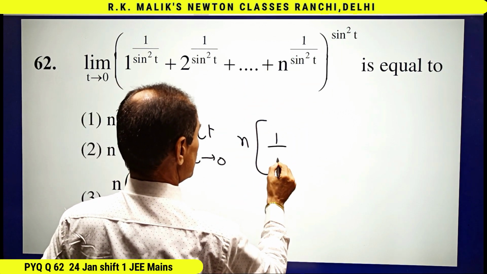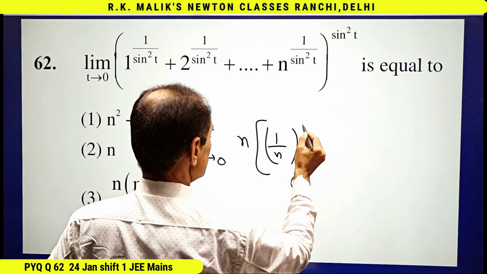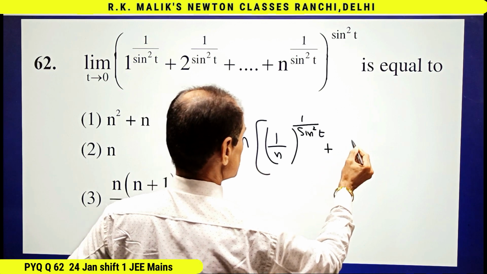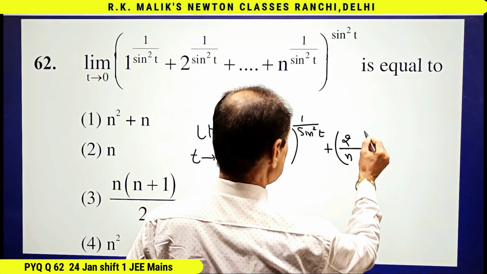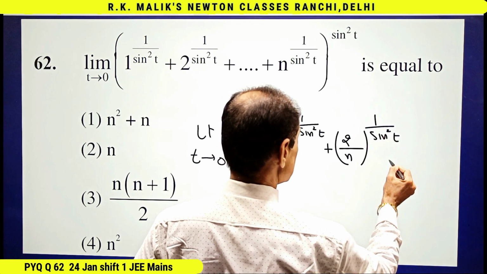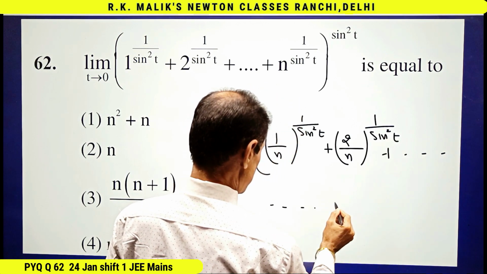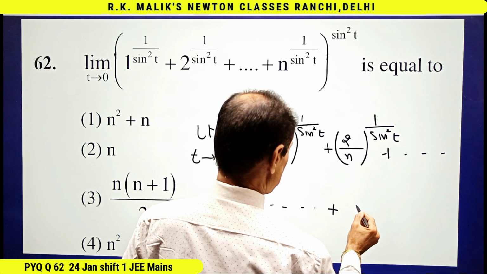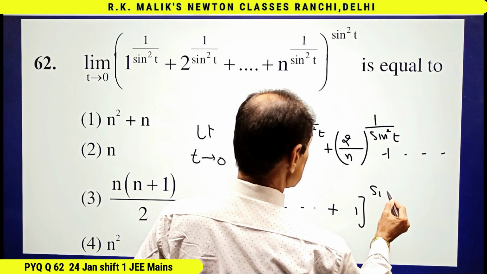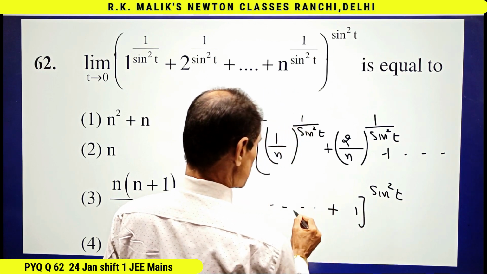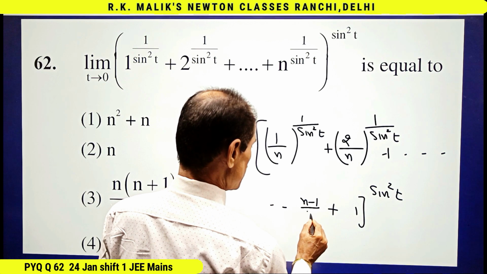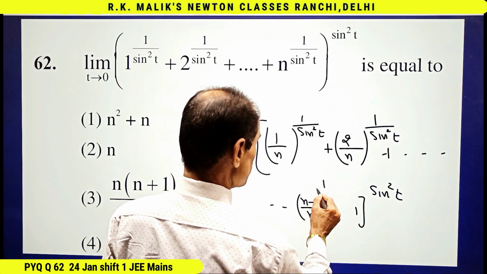And here 1 by n to the power 1 by sin square t plus 2 by n to the power 1 upon sin square t, and lastly plus 1 whole to the power sin square t. The term just previous to it will be n minus 1 by n to the power 1 by sin square t.